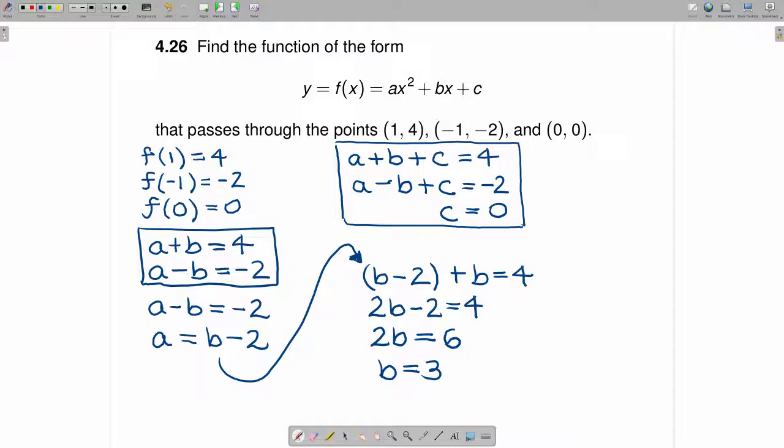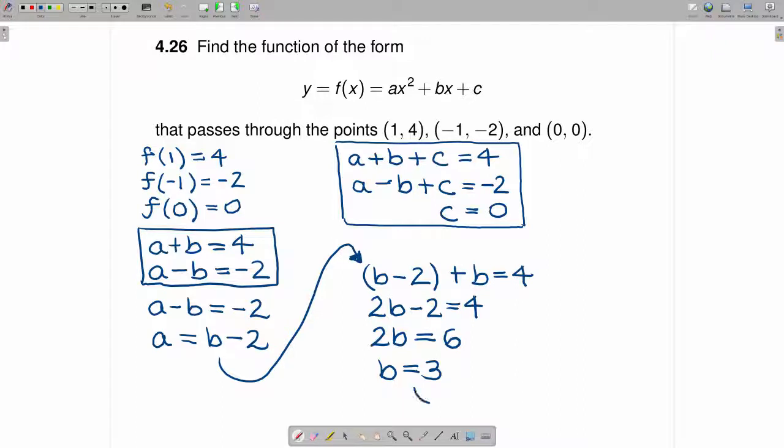Now, at this point, we have c and we have b. The only thing that is missing is a. So we can take this b equals 3 and plug it into either of these two equations. Let's just choose the top one, a plus b is equal to 4. That avoids any negatives.